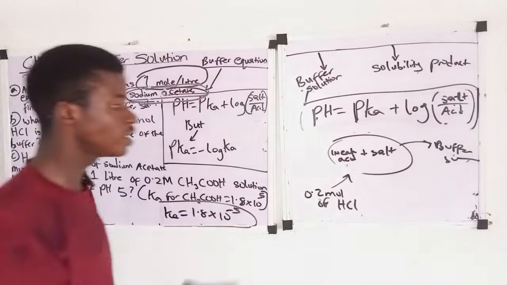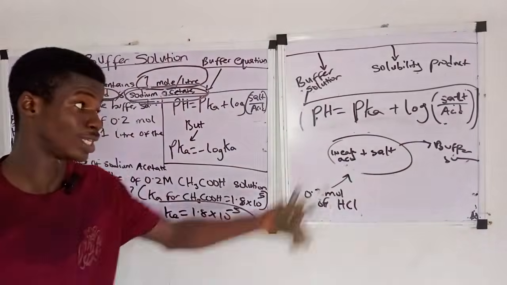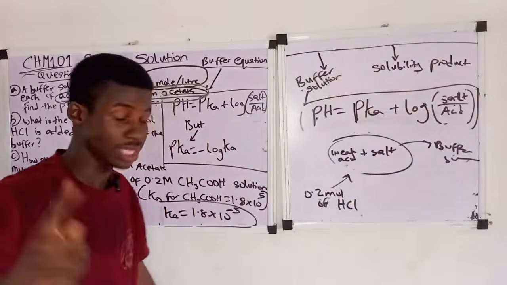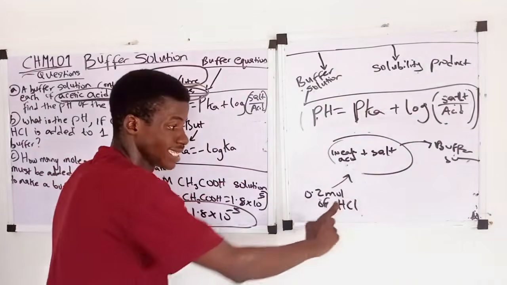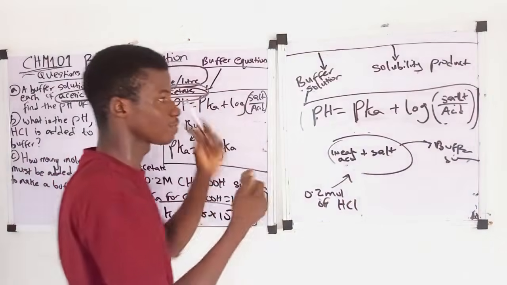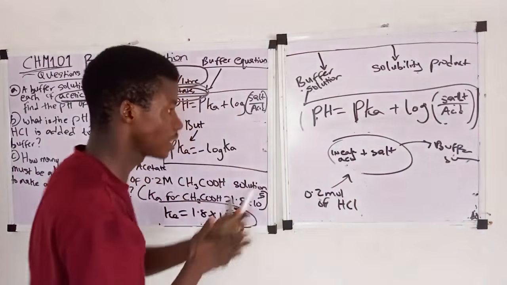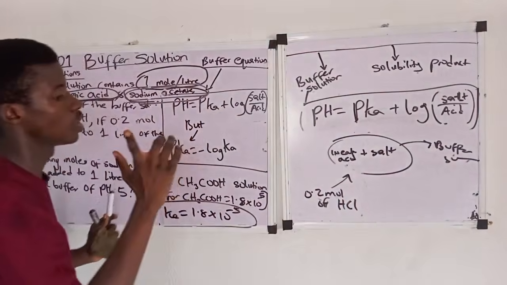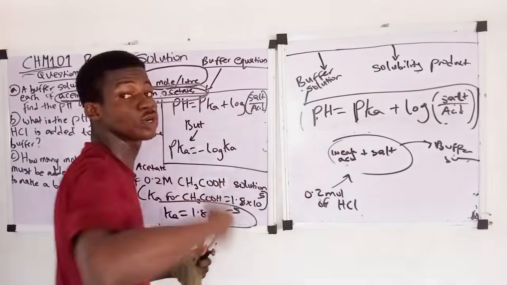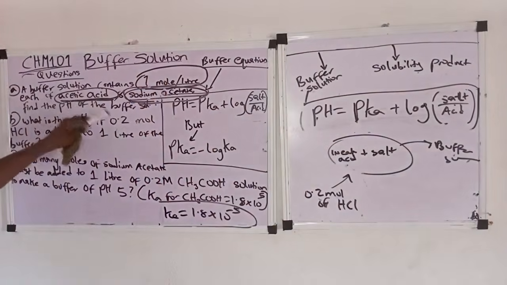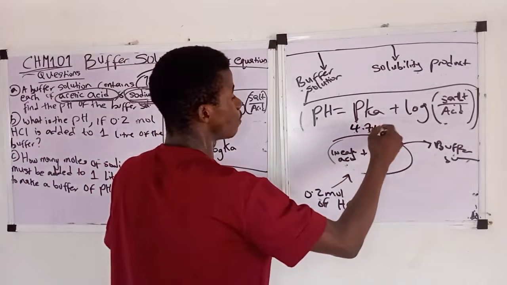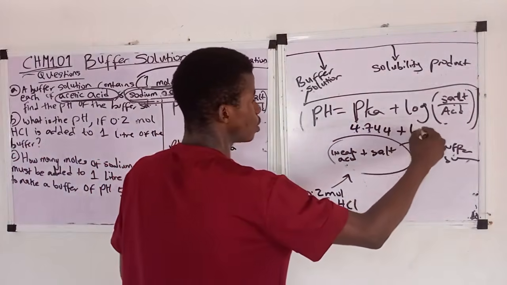Remember, when an acid is added to an acidic buffer, it is the salt that will neutralize the acid. Don't forget that it's still a continuation of the question we are doing. Our pK here that we got was 4.744, plus log.